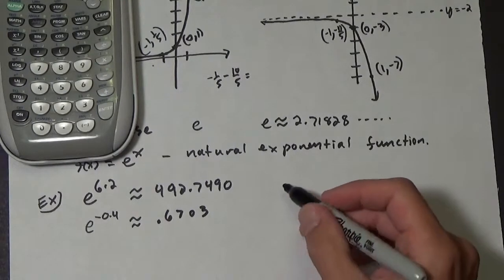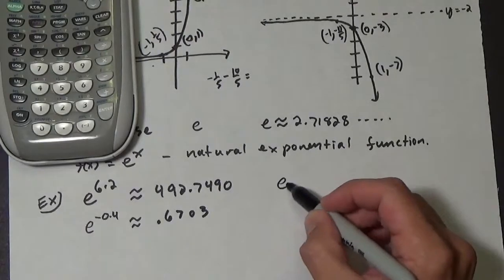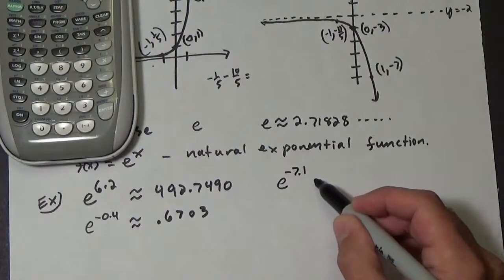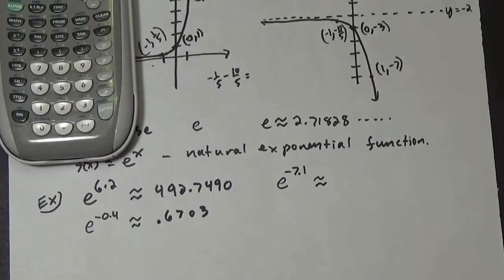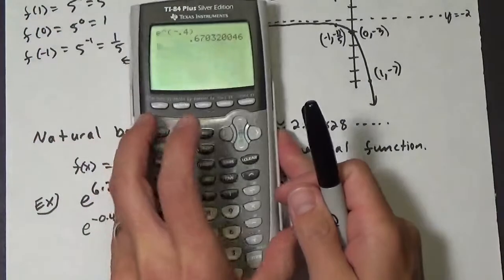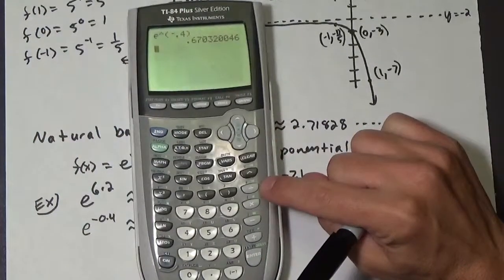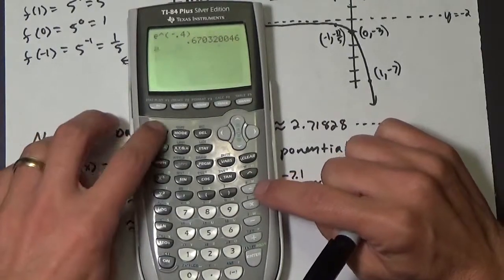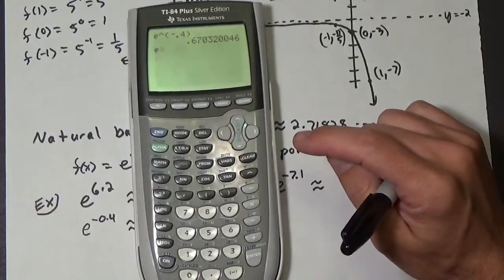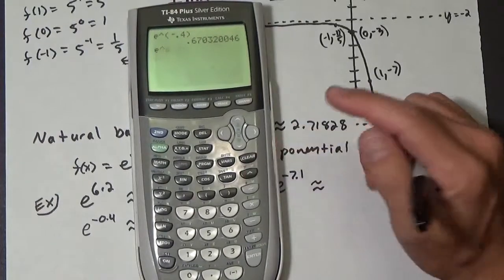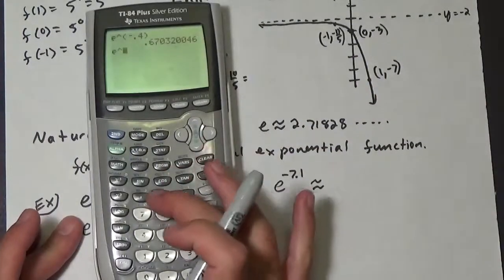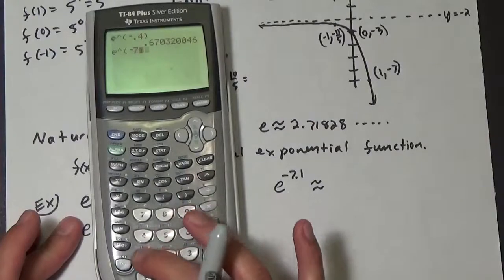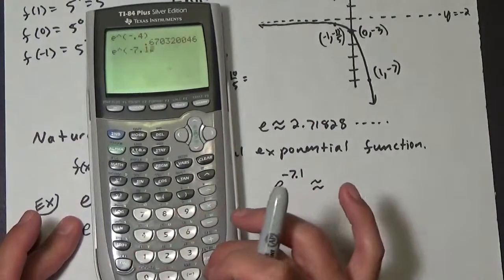Let's try the other way to do this. You have e to the negative 7.1, and it's really no different, but at least in my calculator, above the divide sign in blue there's an e, so I could actually go e. Now the disadvantage is I have to press the raised to, in this case, negative 7.1 power.